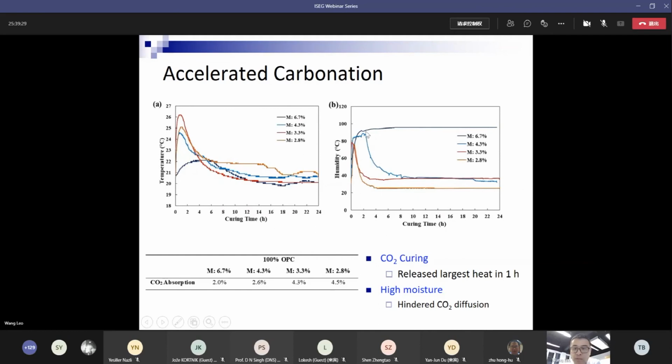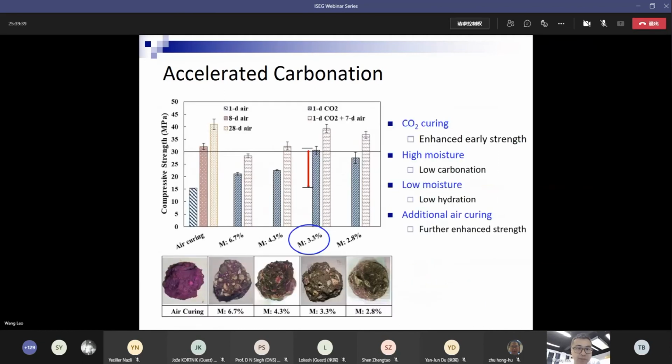And with too much water in the system, the humidity in the curing chamber is relatively high. It's not very suitable for the carbonation.